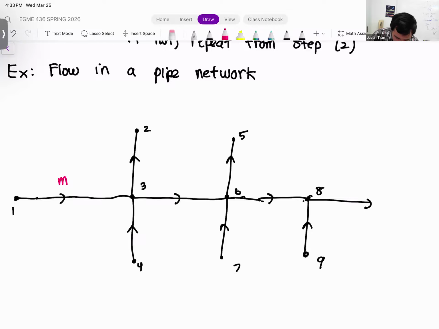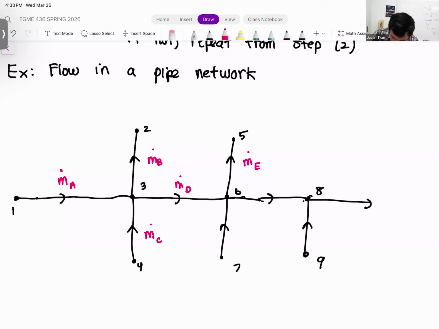Okay, so pipe A is going to be the pipe that connects node 1 and node 3. Pipe B is going to be the pipe that connects node 3 and node 2. Pipe C is going to connect 3 and 4. Pipe D is going to connect 3 and 6. Pipe E is going to connect 6 and 5.